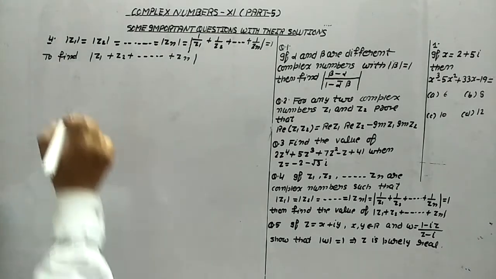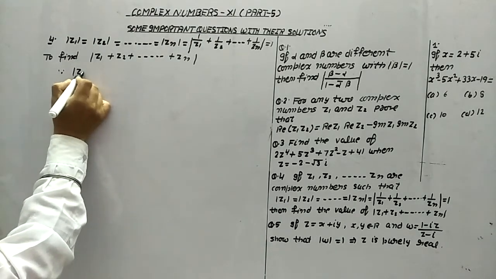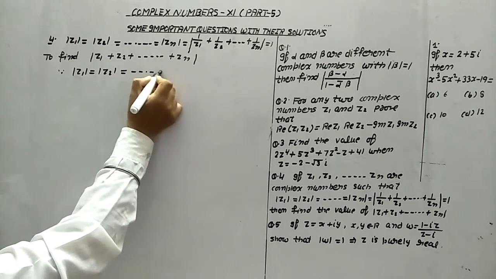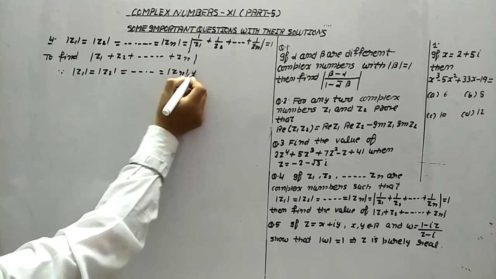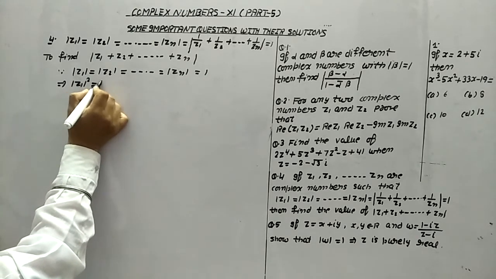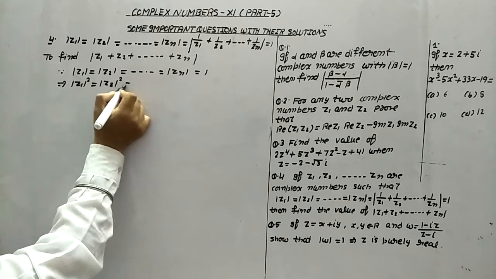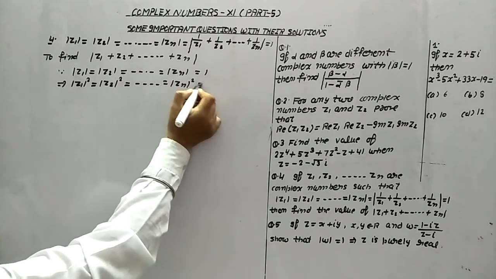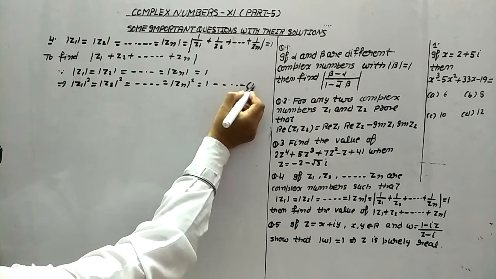Now you will say, because modulus of z1 is equal to modulus of z2 is equal to and so on is equal to modulus of zn is equal to 1, it implies that modulus of z1 square is equal to modulus of z2 square is equal to modulus of zn square is equal to 1. So this is equation number 1.